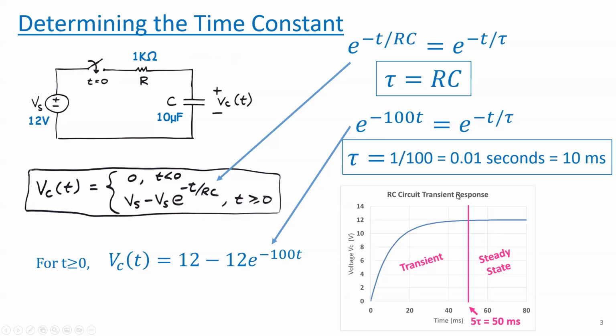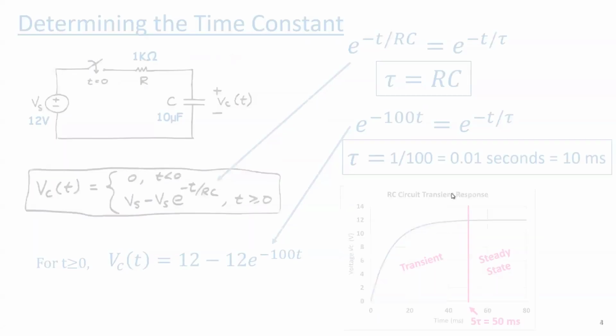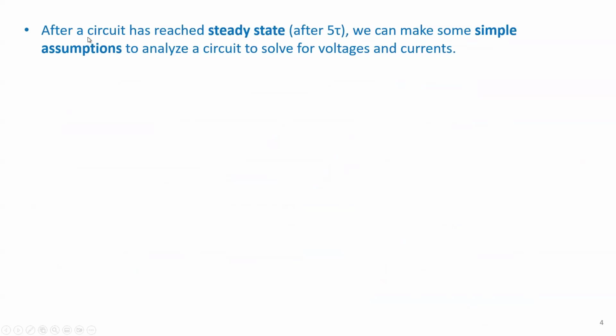Let's talk about how you do that. After a circuit has reached steady state, and think after 5 tau, we can make some simple assumptions about the circuit to analyze it and then solve for voltages and currents in the steady state.